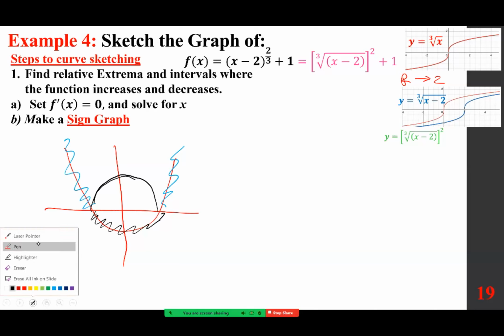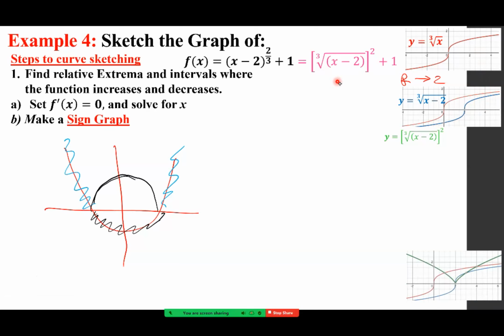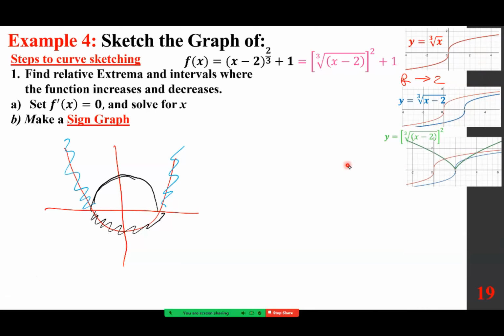This portion is positive, just gets squared up. This portion, when it gets squared up, flips over and becomes positive as well. Reminding you of what we learned in college algebra, pre-calculus. Finally, we are going to add 1, which means this green function, we move it up by 1.